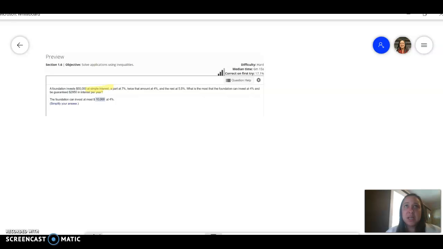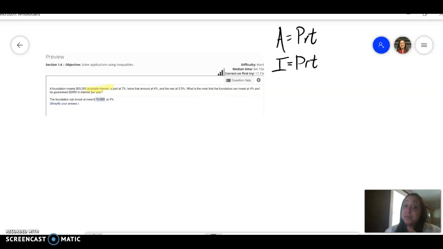Our textbook may use A equals PRT, where A is the amount in interest, or you may see I, as in the simple interest, equals PRT. So what does the P, the R, and the T stand for? Your principal, your rate, and your time. Those are the three things we need to determine the simple interest that's accumulated. So I need a principal, I need a rate, and I need a time.